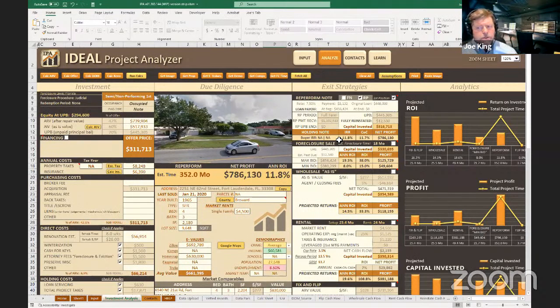Now, most loans don't go 100% all the way to term. They don't go 360 months. They'll maybe go 7 to 10 years, and then they'll turn. So one of the things that we've done in this analyzer is we've added the ability to actually specify a time frame for how long you hold it.